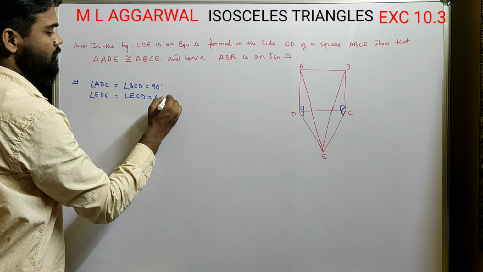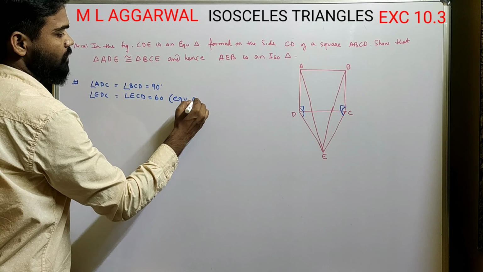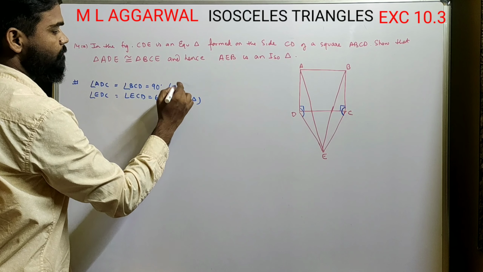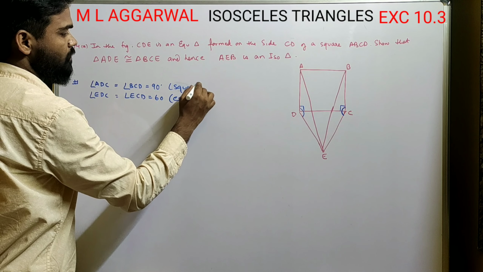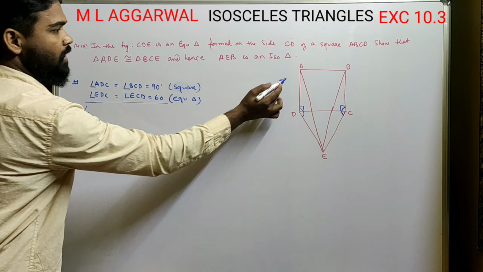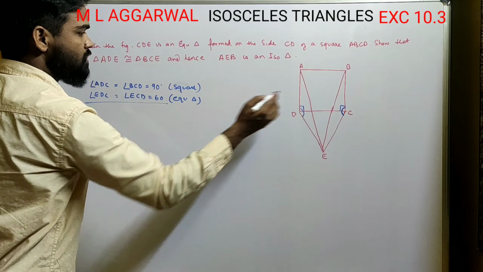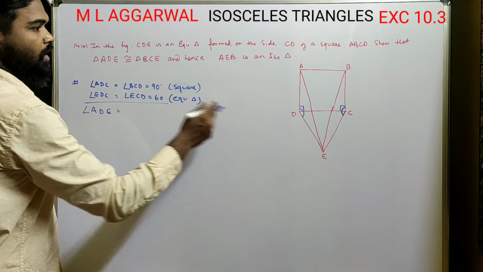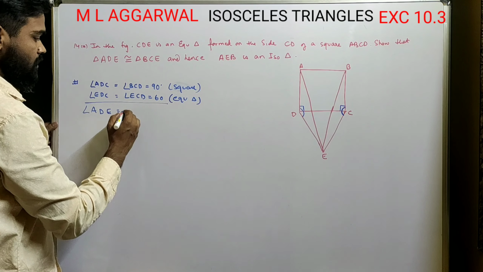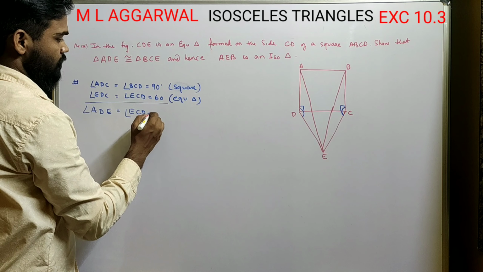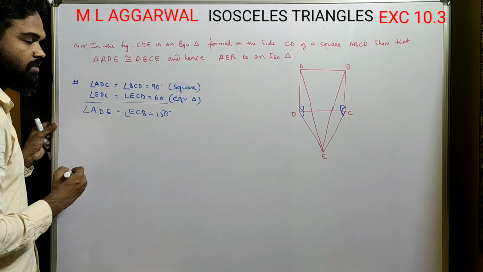This is equal to 60 degrees, that's an equilateral triangle. It is a square, isn't it? Which means if you add them, then angle ADC and EDC forms angle ADE. Look carefully. And these two, when you add, it becomes angle ECB. This is equal to 150 degrees each.